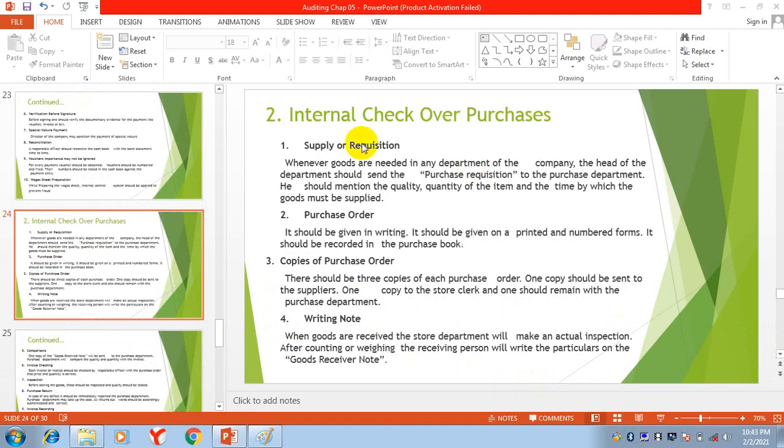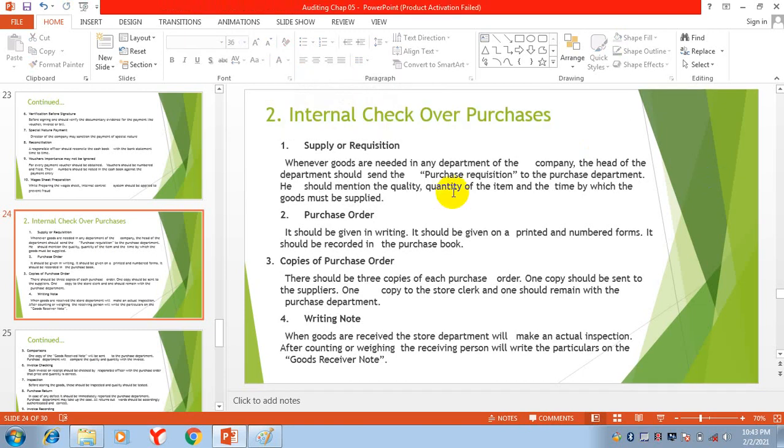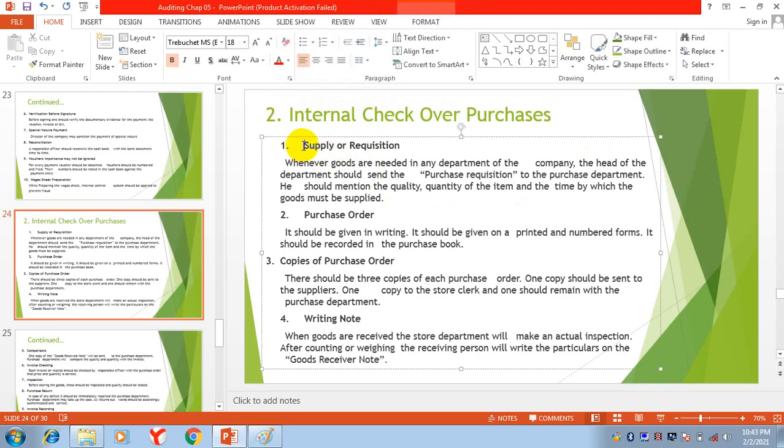Next topic: internal check over purchases. When you purchase things, what will be the internal check system in that case? The first thing is supply or requisition.